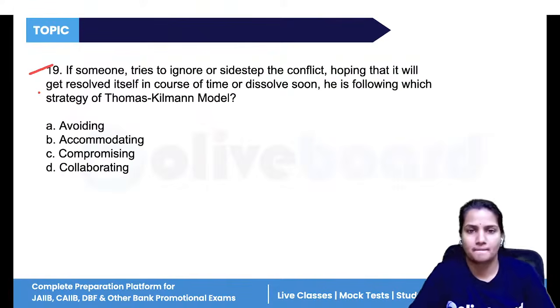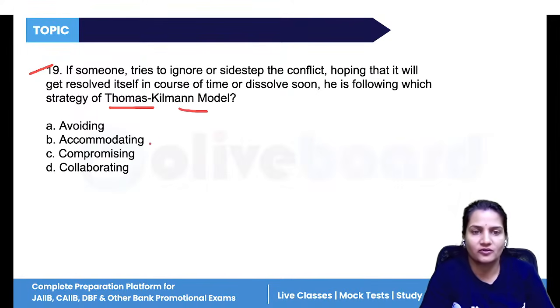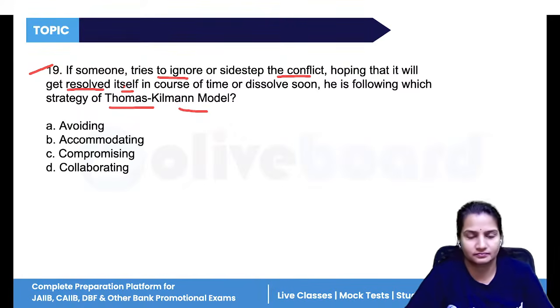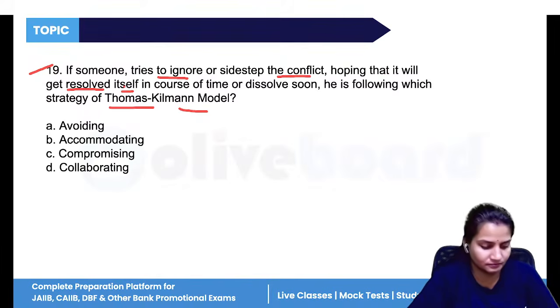Now, according to the Thomas Kilmann model, if someone tries to ignore or sidestep the conflict, hoping that it will resolve soon, what does that mean? Avoiding, accommodating, compromising, or collaborating.